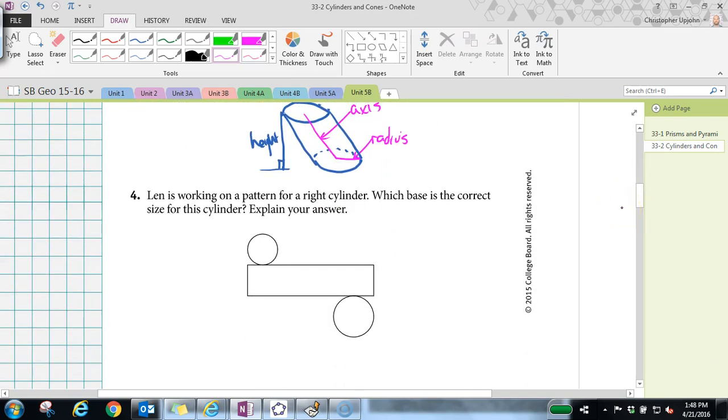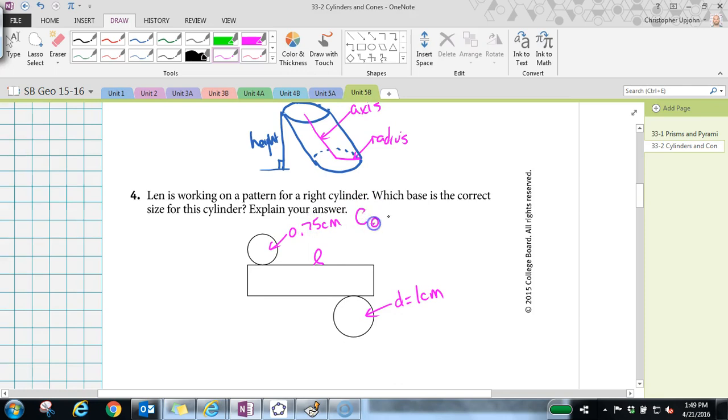Len is working on a pattern for a right cylinder. Which base is the correct size for the cylinder? So if we were to wrap this rectangle around the circle, this length, we'll call this L, has to be the same as the circumference of the circle. Now, this diameter is about 1 centimeter, I measured it. Here it's about 0.75 centimeters.